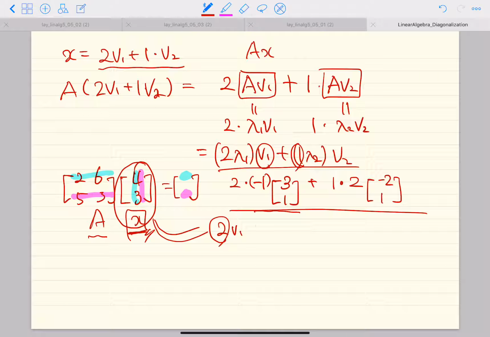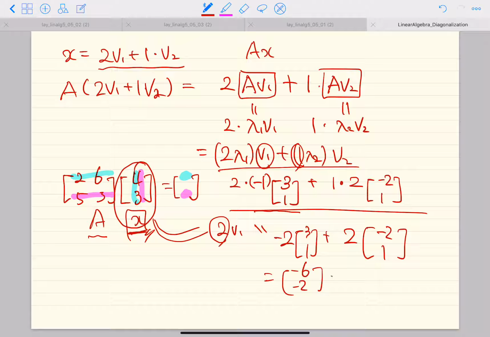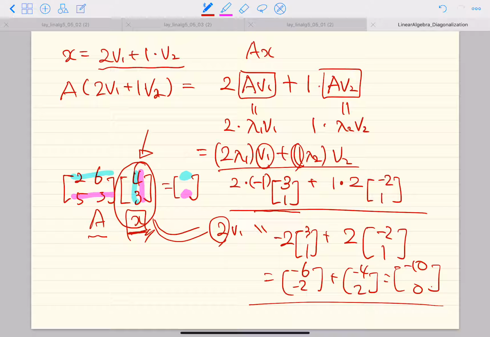And so that's it: -2 times (3, 1) plus 2 times (-2, 1), so (-6, -2) plus (-4, 2), giving (-10, 0). We can compute this linear transformation of this vector in this manner.